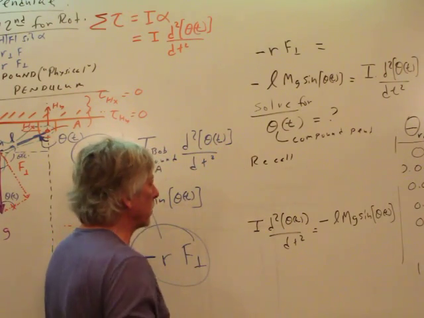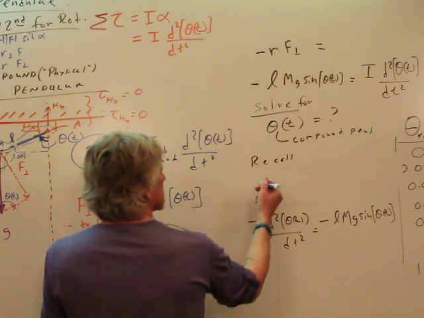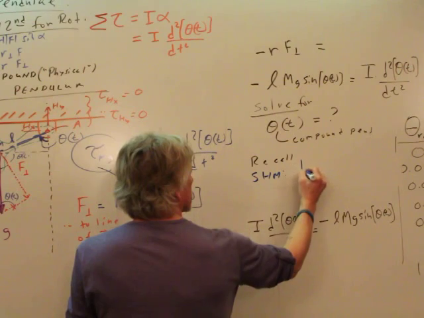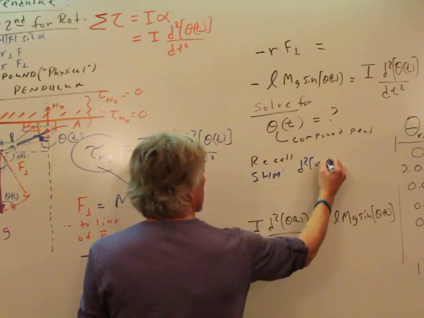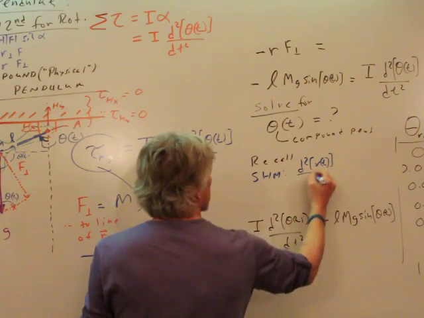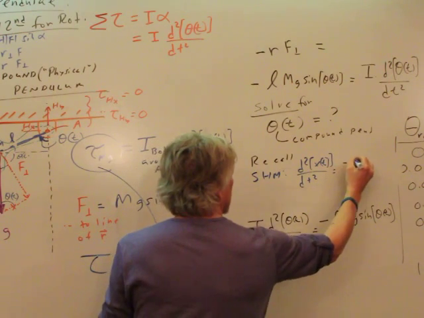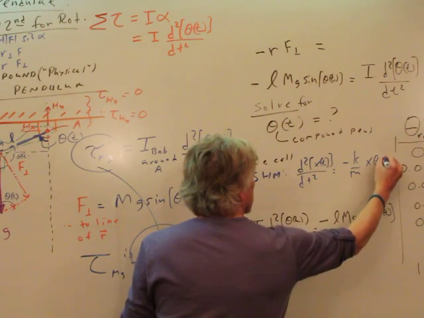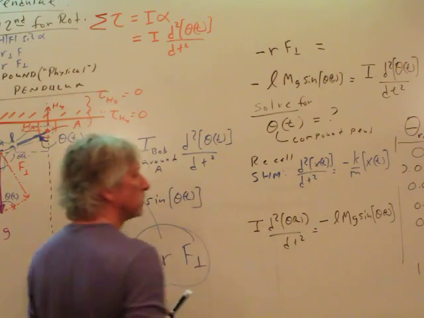This is our goal, right? We're trying to get it into the simple harmonic motion form, which is the second derivative of position with respect to time is negative a constant, that was the spring, times the position function.